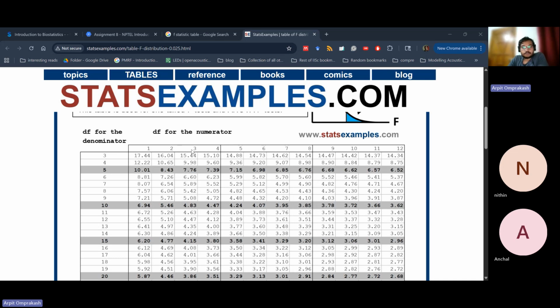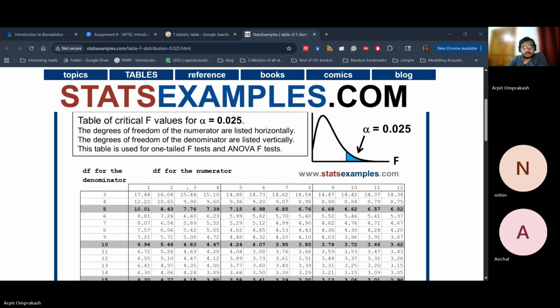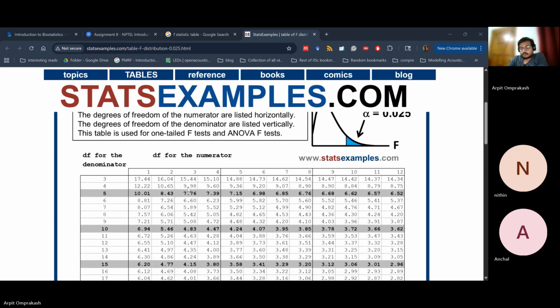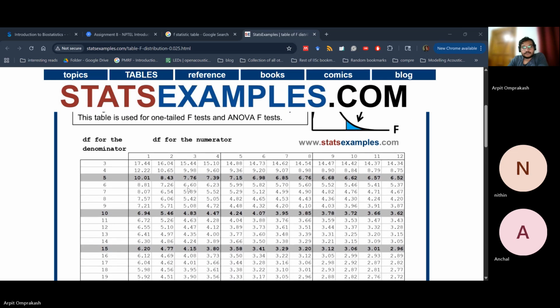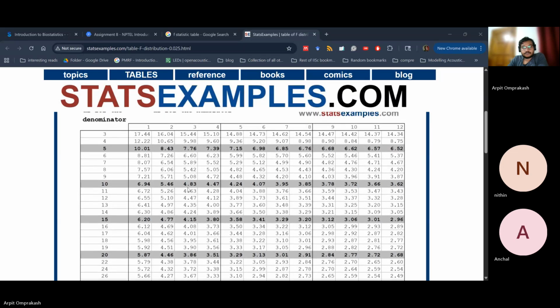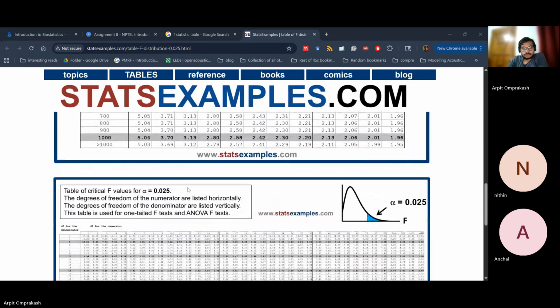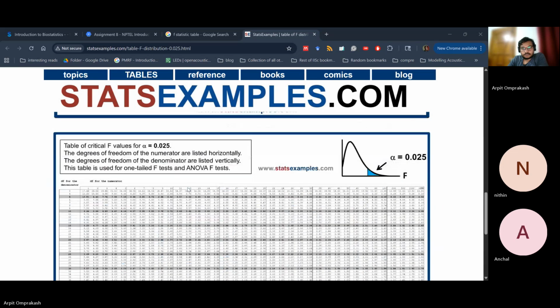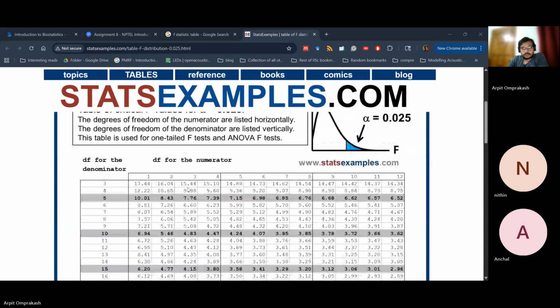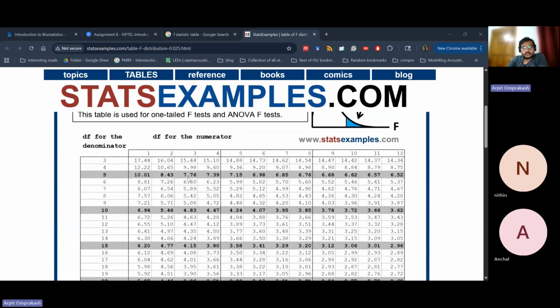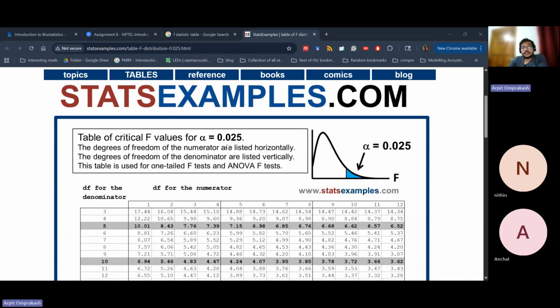So we look at this column 3. And we are looking at an alpha value of 0.025.